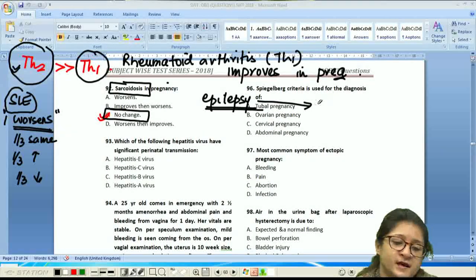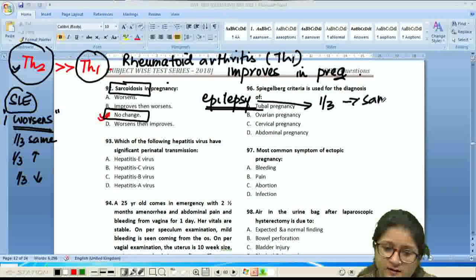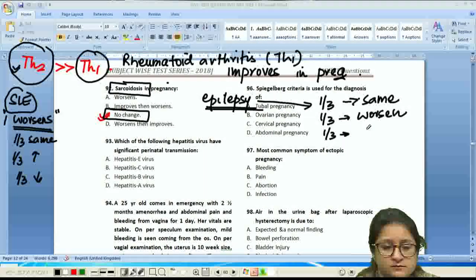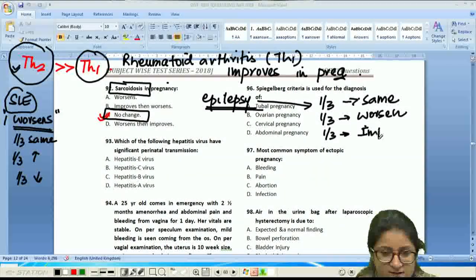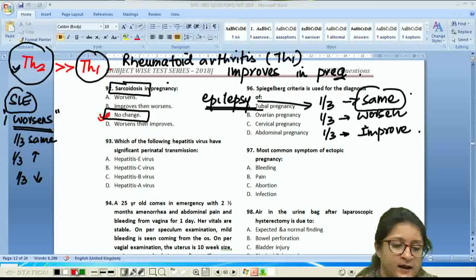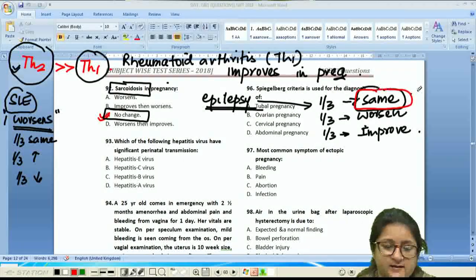Frequency of epilepsy: in 1/3 cases the frequency remains the same, in 1/3 cases it will worsen, and in 1/3 cases the seizure frequency will actually improve. It mainly remains the same, or improves, in those cases where a woman has been seizure free.